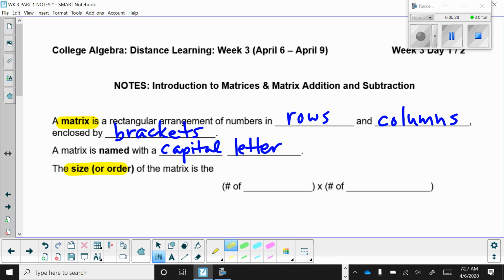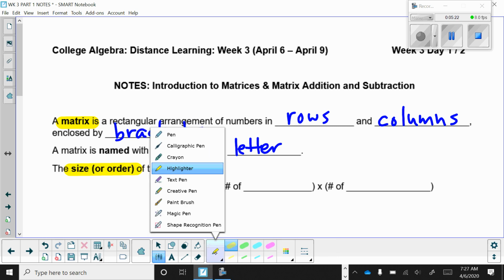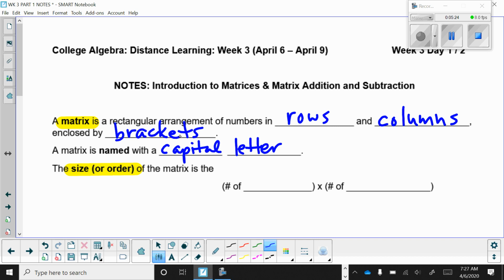The size or order of the matrix is named like this: the number of rows by, that X stands for by, the number of columns.